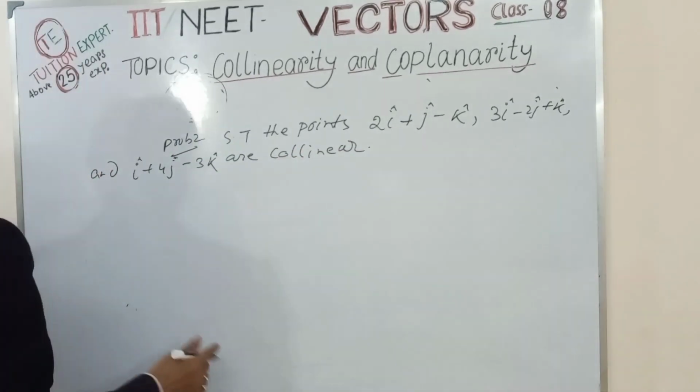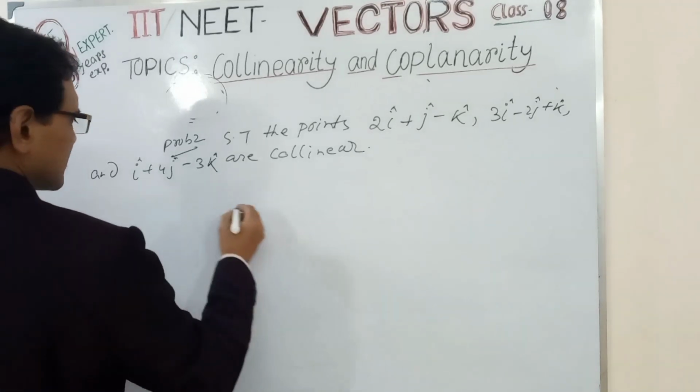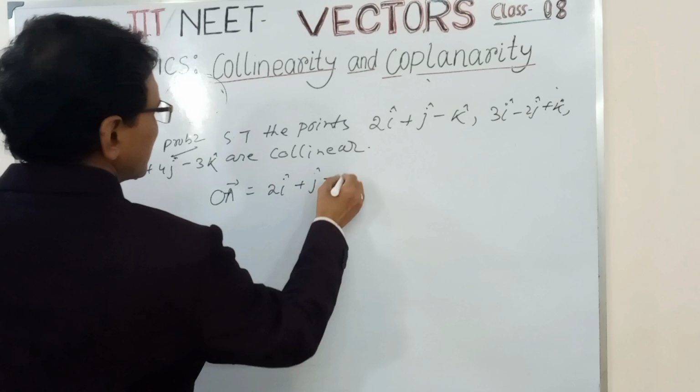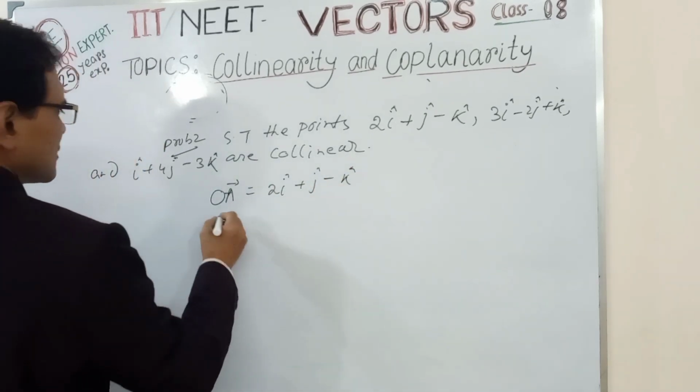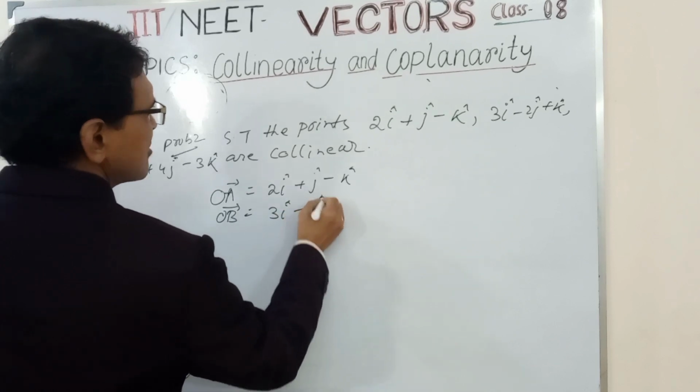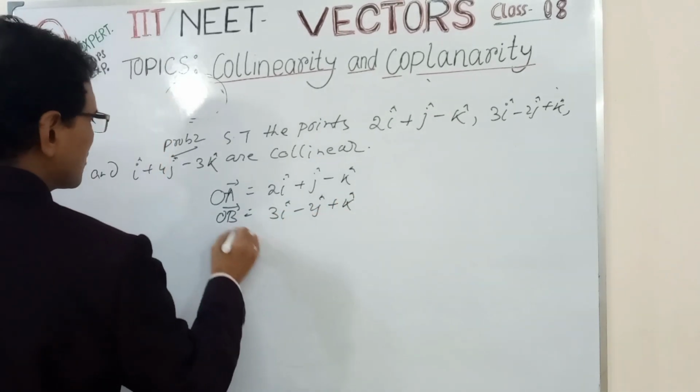Suppose this is the position vector of a point A. Suppose OA equal to this, OB equal to this, and OC equal to this.